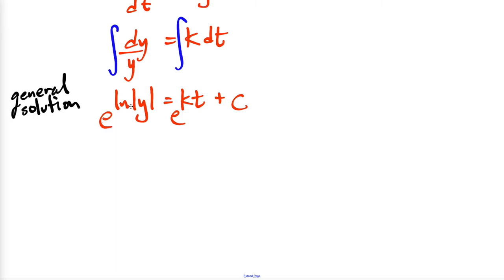So e to the natural log cancels out essentially, and you'd be left with the absolute value of y equals e to the kt plus c. Technically removing the absolute value symbol would make the right-hand side plus or minus.